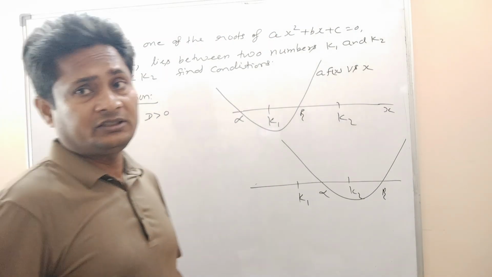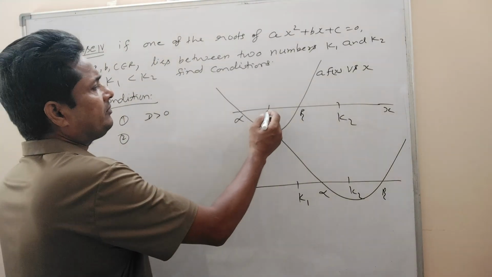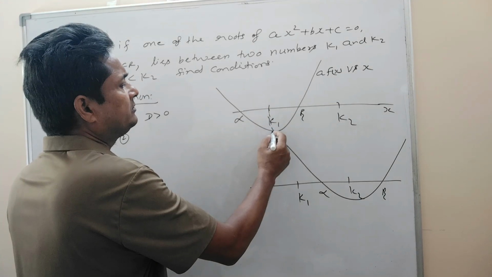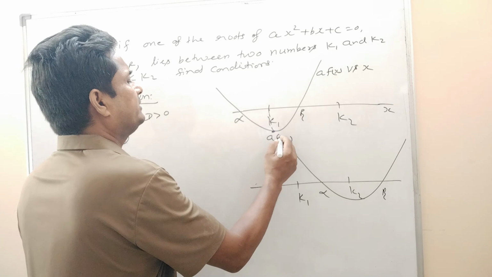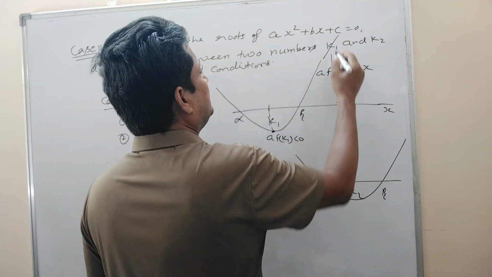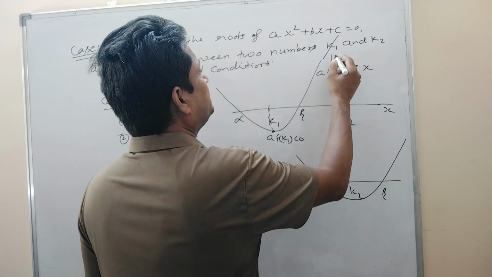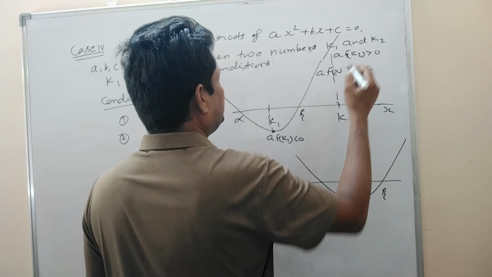And the second case is what? If you see here, at x equal to K1, a times f of K1 is less than 0 here, and in this case, a times f of K2 is positive.